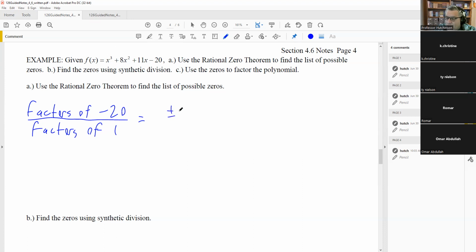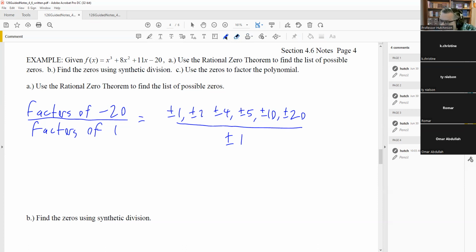So it's going to be plus or minus 1, plus or minus 2. 4 divides in there evenly. 5 divides evenly into 20. 10 divides evenly into 20, and of course 20 divides into itself. On the bottom, we have just plus or minus 1 only for that. So let me fix this, this is a 2 right there. Okay, so we have 1, 2, 4, 5, 10, and 20.